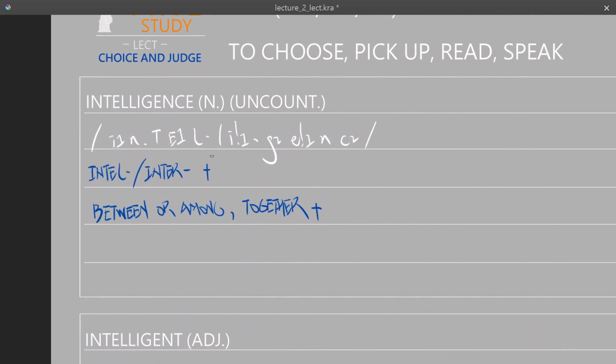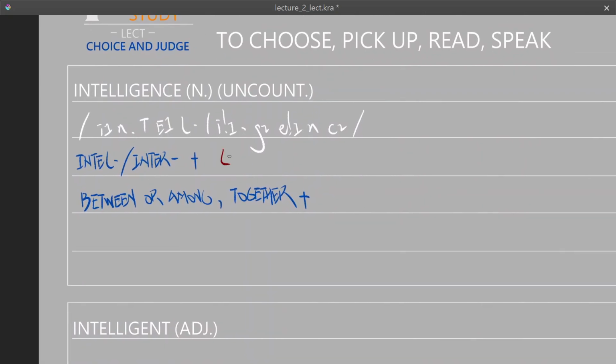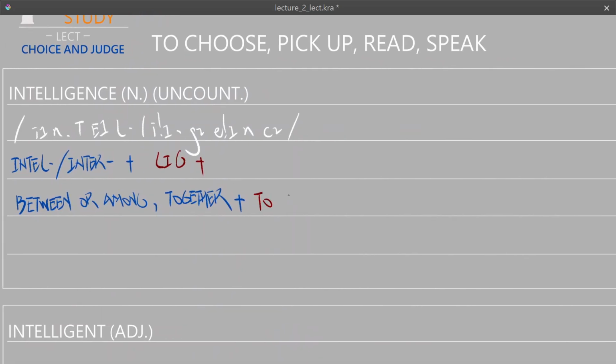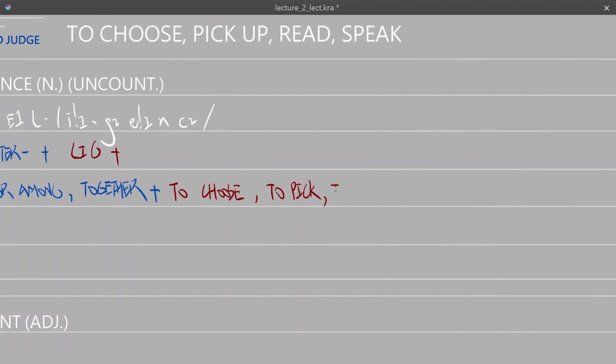And we have the root lect, meaning to choose, to pick up something, to read, or to speak.